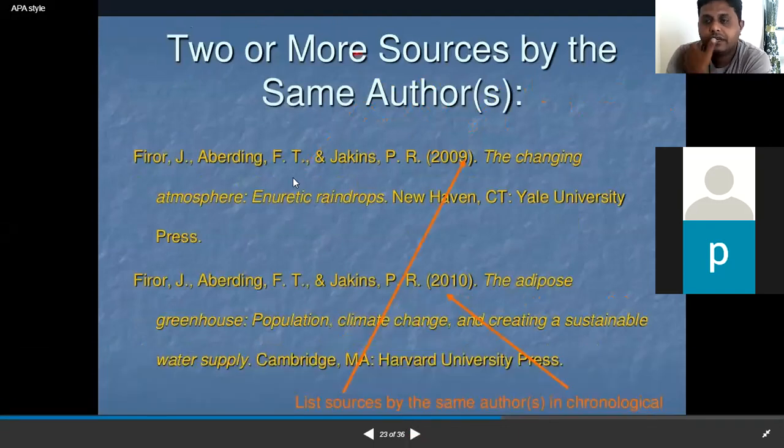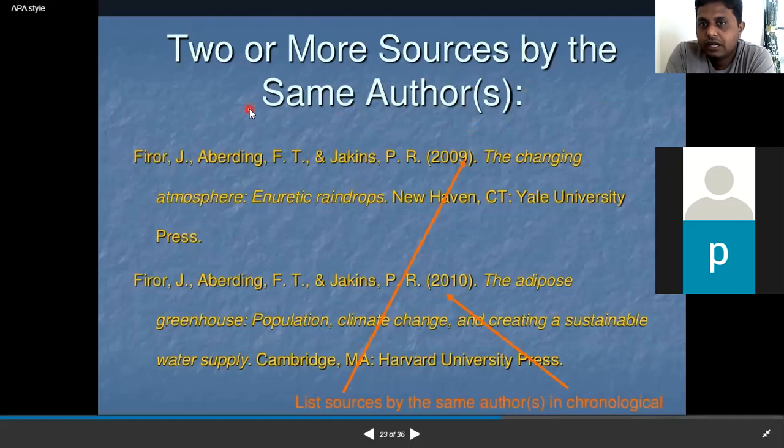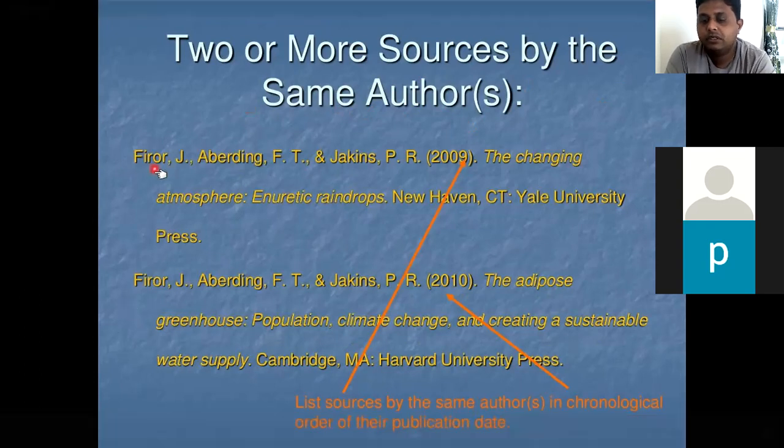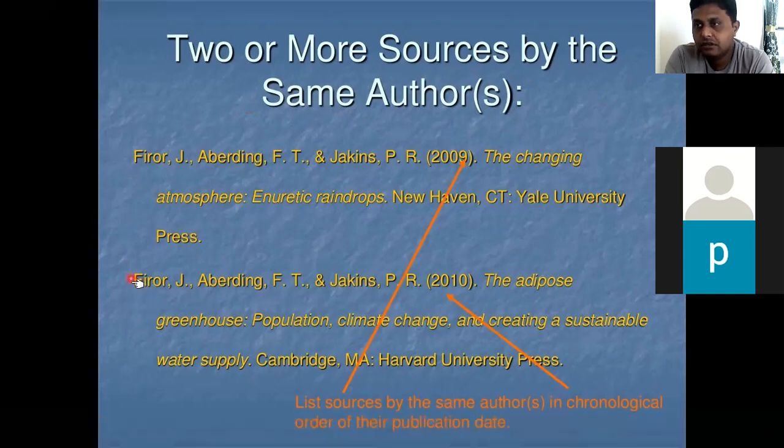This is a different case: two or more sources by the same author. As we know, in the case of MLA, if the author has published more than one book, then in the list we mention the name of the author only the first time. The second time, instead of writing the name, we use three hyphens.